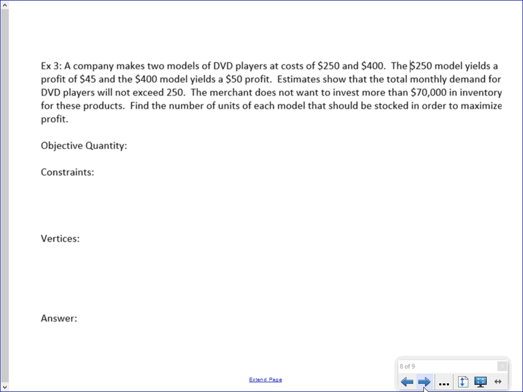Okay, first thing you should do, just like we've done in all previous application problems, define your variables.